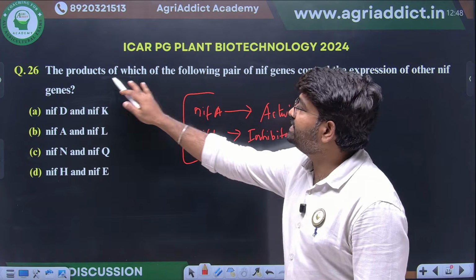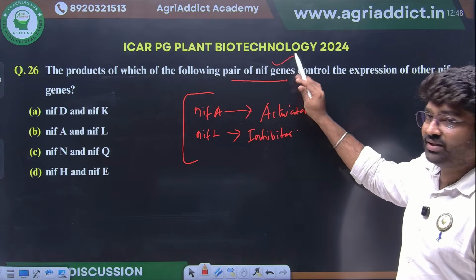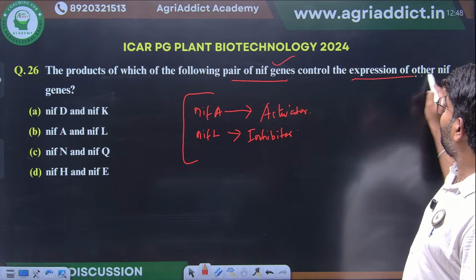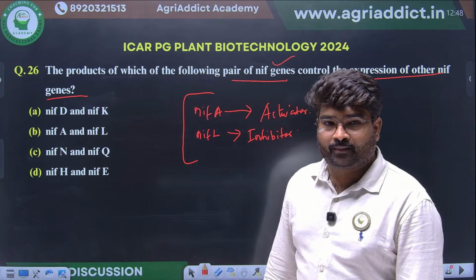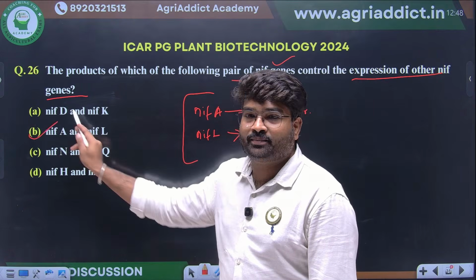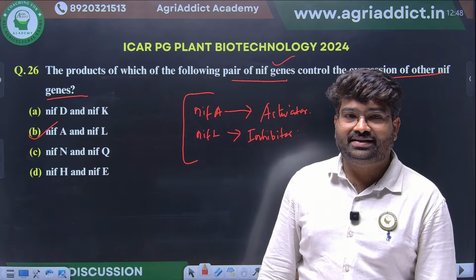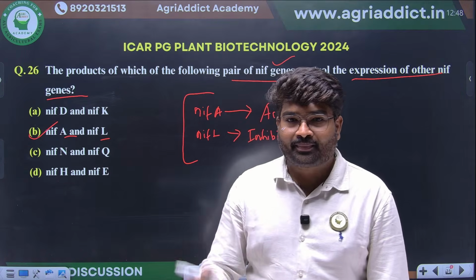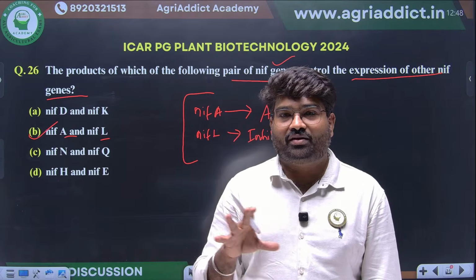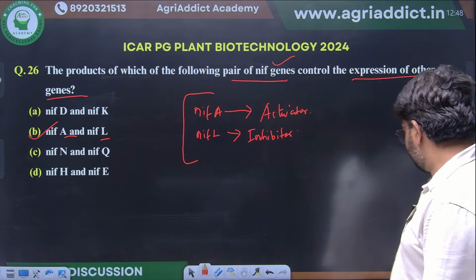They are asking which pair of NIF genes controls the expression of other NIF genes. The right option is NIF-A and L, because NIF-A is the activator and NIF-L is the inhibitor for other nitrogen fixing genes.